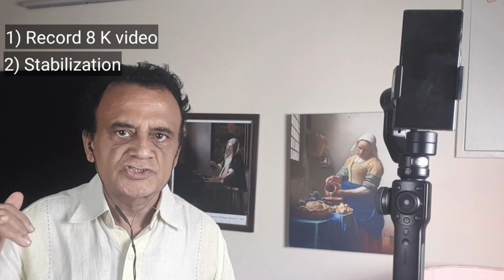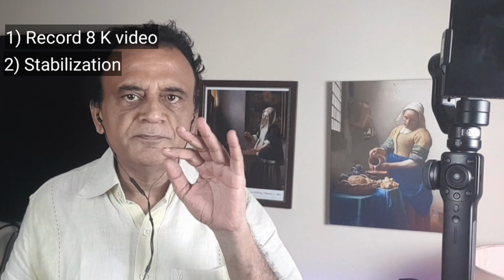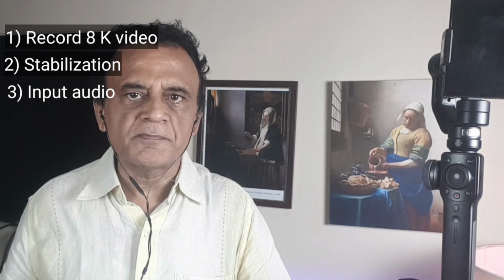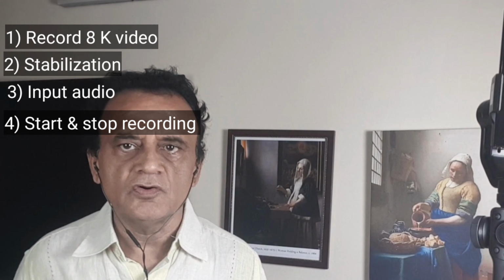You want to pan, zoom, tilt, and even get advanced effects, like the vertigo effect, to tell a story within a story. And then you want to input sound. You want to start and stop recording, but you can't use the gimbal buttons. So how do you achieve all that?